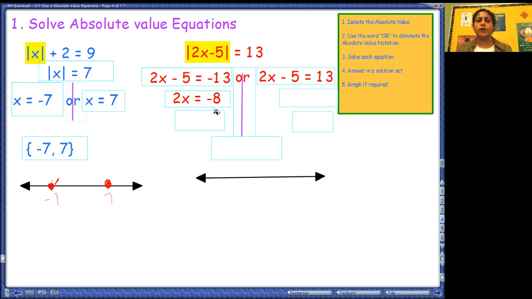And then you solve each one. It turns out x can either be -4 or +9, which you put in a solution set. And if you're asked to graph, you're going to put only those two numbers on your number line and color them. This indicates that there are only two answers to this question.